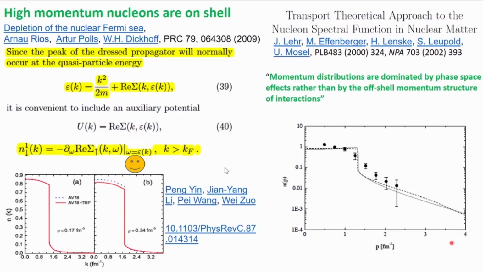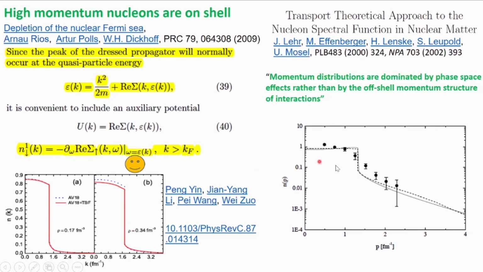There's one interesting question some people have asked: are these high momentum nucleons on-shell or off-shell? Based on my understanding and talking to Joey and his collaborators, these high momentum nucleons are on the mass shell, defined by the dispersion relationship between energy and momentum. Once you introduce the dispersion relationship, you have already put the particles on the mass shell.